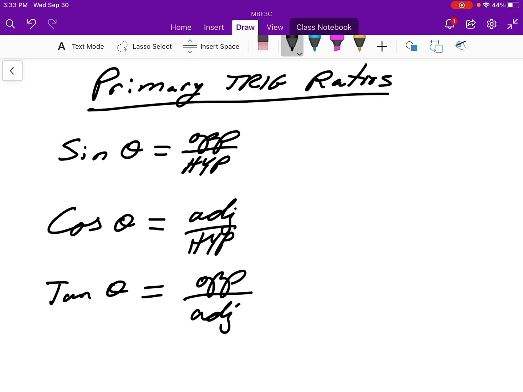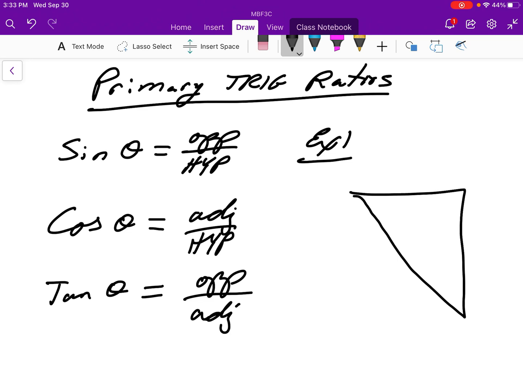Let's say, for example, our first example, we have a basic triangle. We have a right angle here, and we've got this length up at the top here that's just 10 meters long.